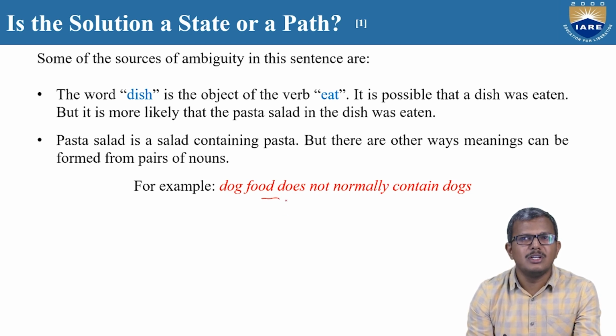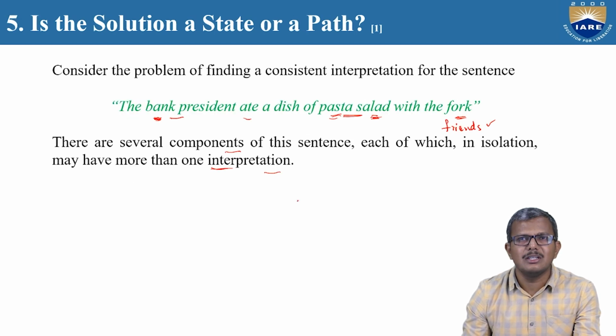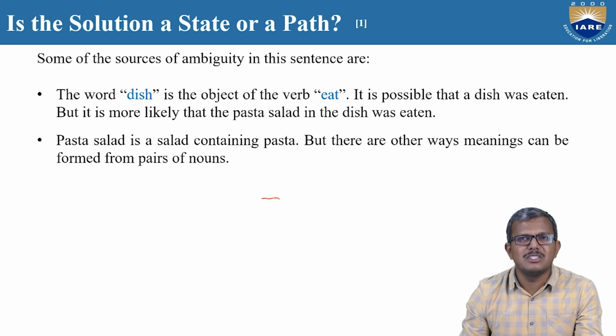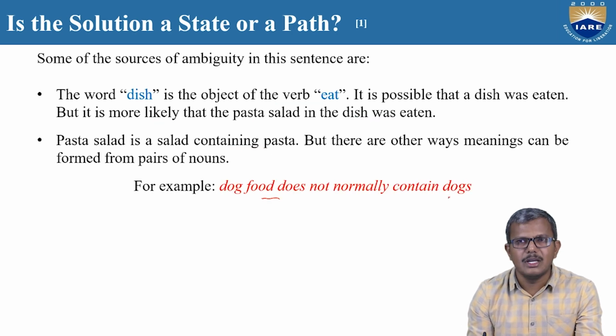Now try to understand this one. Dog food does not normally contain dog. In the previous case, pasta salad means that this solid is prepared with pasta. But if you are representing dog food, that representation does not mean it will have any word called dog.